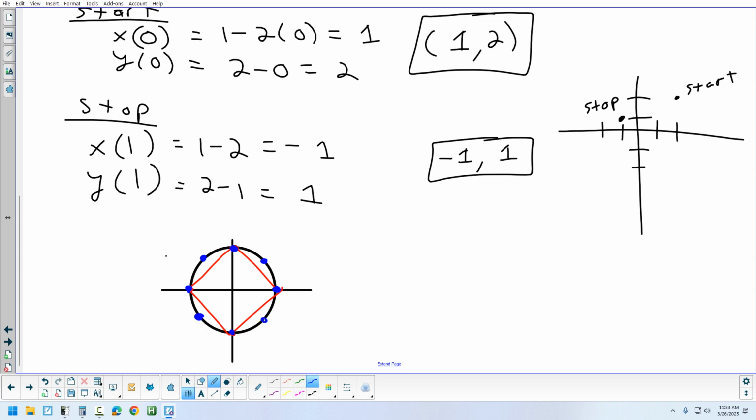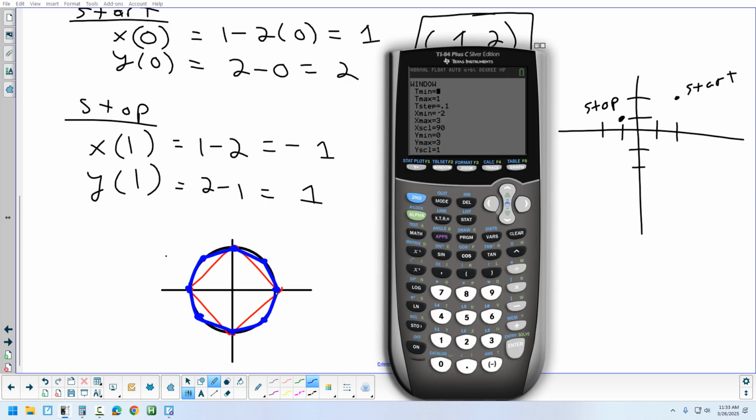Still not a circle, but it's going to give me something that's a little better. Gives me kind of like an octagon. So the more points we allow the calculator to use, the better of a sketch we're going to get. That's what this t-step does.